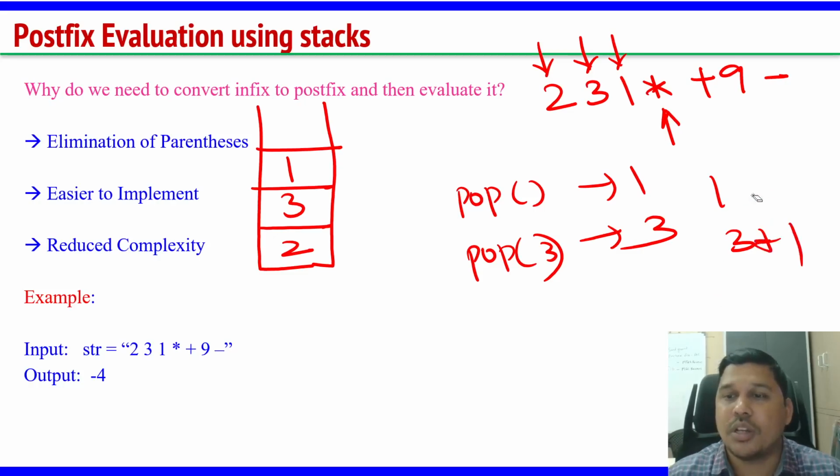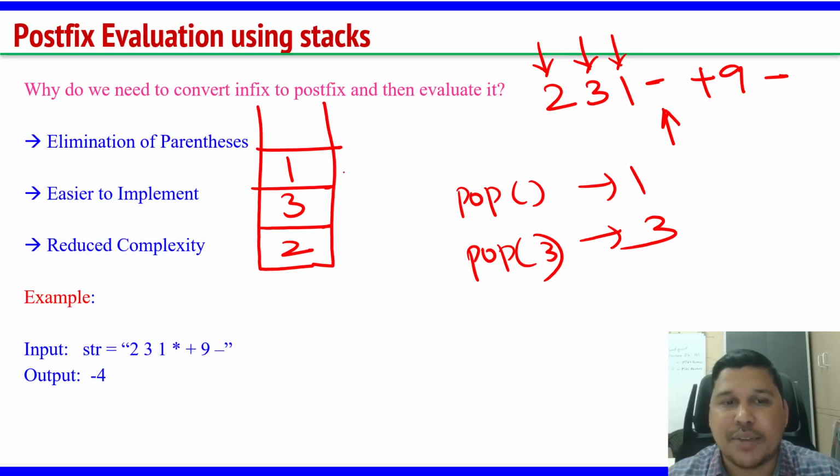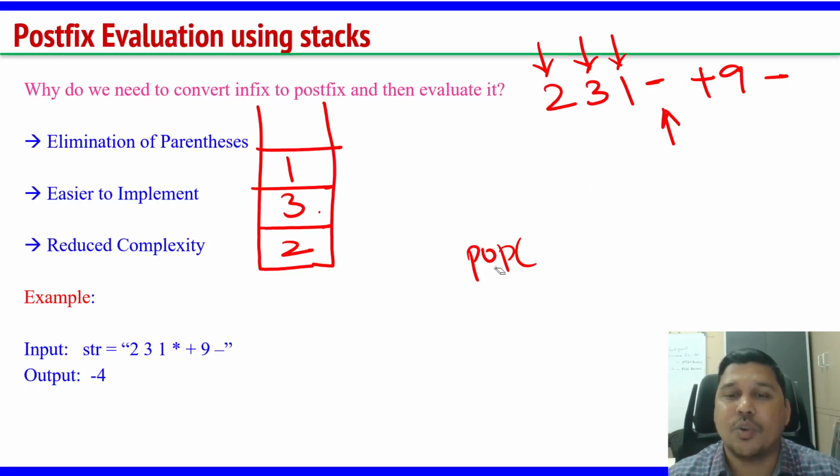Why I am saying this: suppose this operator was minus. Then pop out the top 2 elements. First time when you pop, you get 1. Second time you get 3. Then apply minus. Is it 1 minus 3 or 3 minus 1? Actually, it should be 3 minus 1.